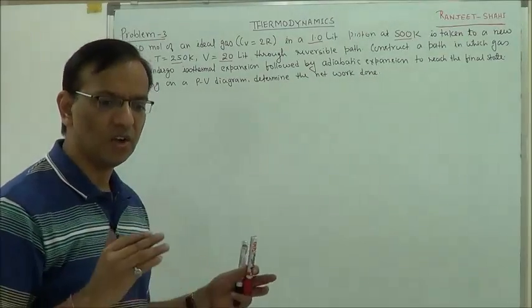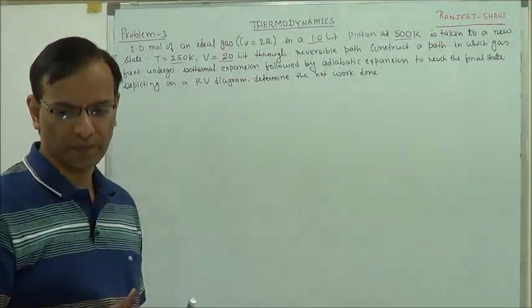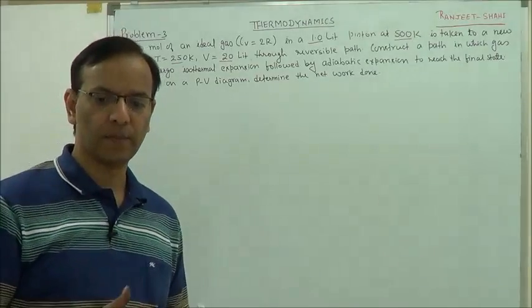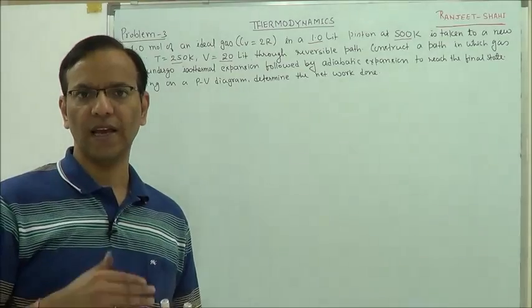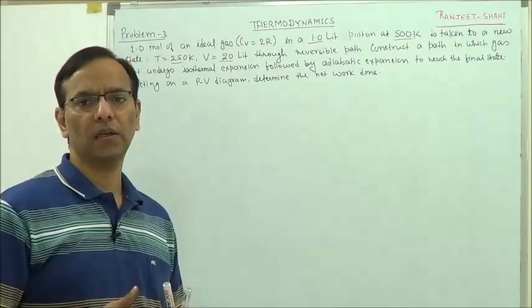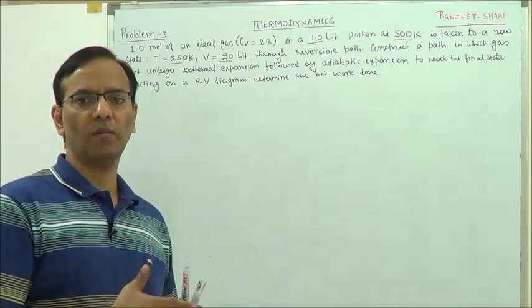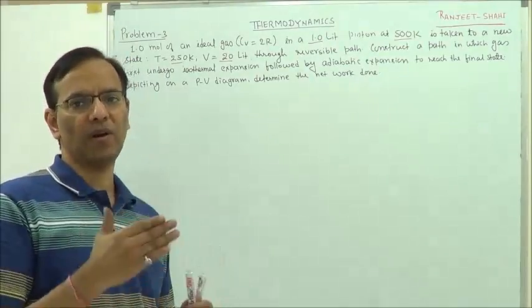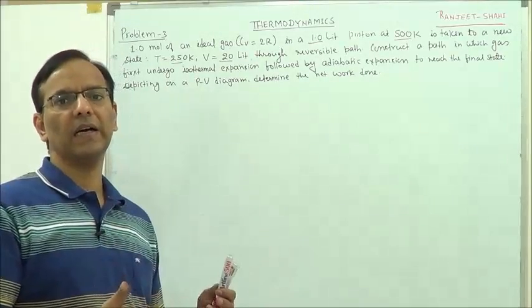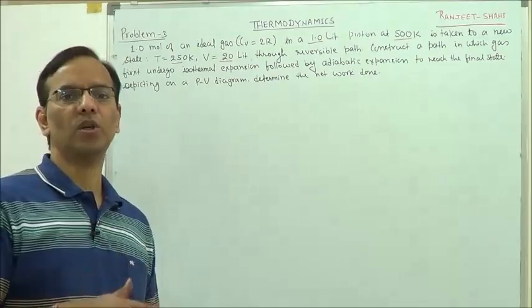Final state is reached in 2 consecutive steps. In first step, the gas is expanded isothermally to some intermediate volume and then adiabatically, so that the initial and final state can be related by a continuous path.